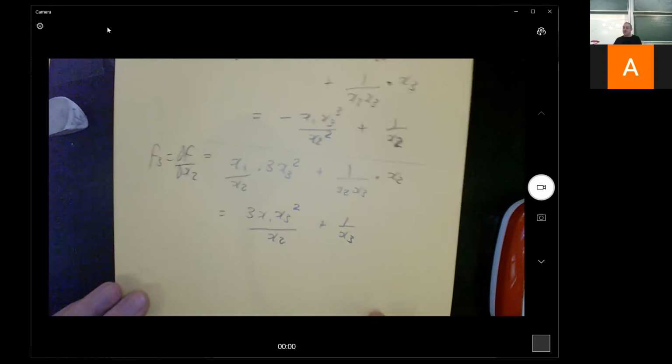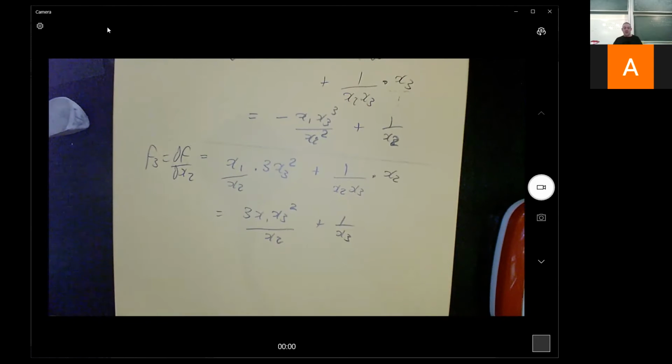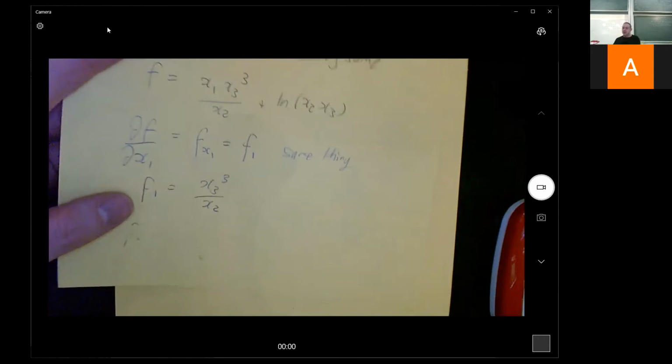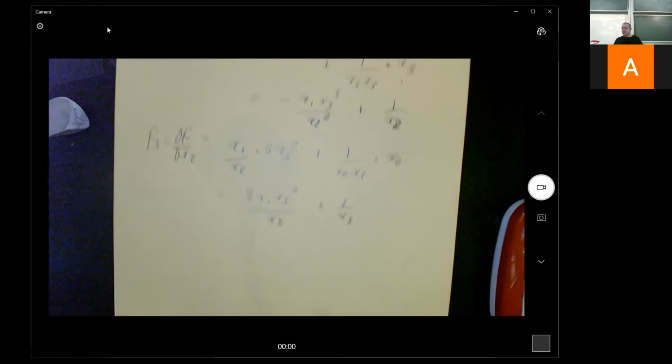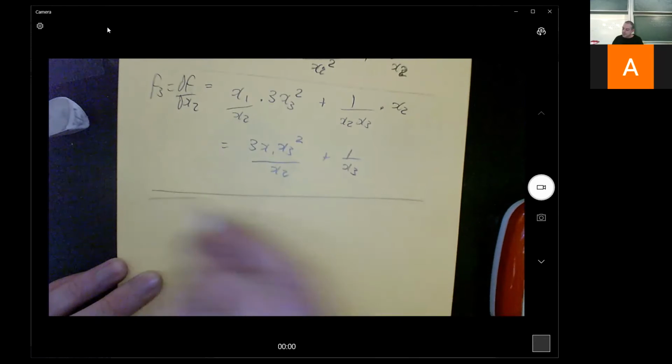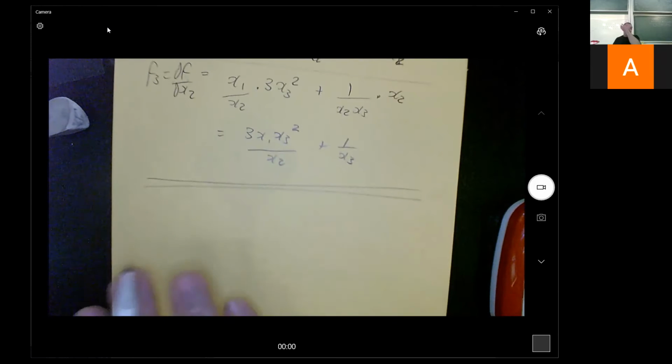Okay, so they're my 3 first partial derivatives. This one's much simpler than the others. So the second partial derivatives would be starting from one of them and doing another partial derivative.